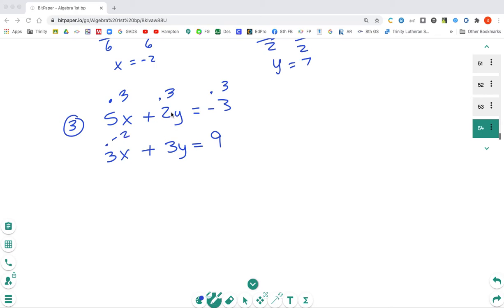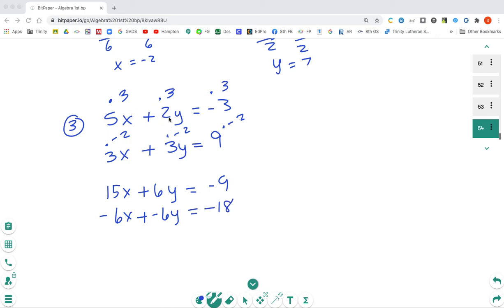Because I know I can get a 6y and a -6y here to create zero pairs. Now, I could have easily also multiplied this by 3 and this by -5. But again, I'm always trying to use the smallest numbers. So when I multiply, I'm going to get 15x plus 6y is equal to -9. And -6x plus -6y is equal to -18.